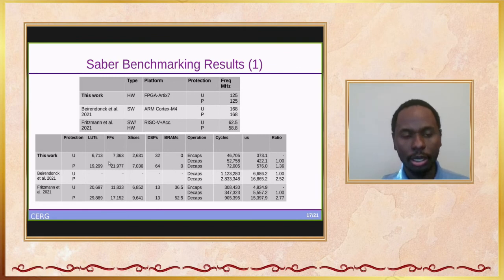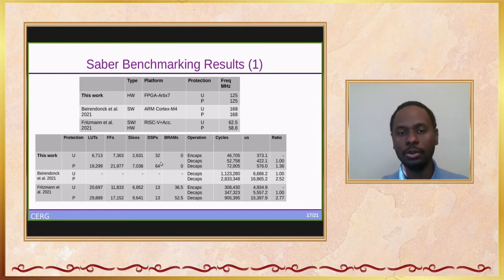This shows that our design, compared to the baseline design, went from this number of LUTs to this number of LUTs. Basically, it's almost 3 times the LUTs because we duplicated the data path, and there are some units that grow in a non-linear fashion.